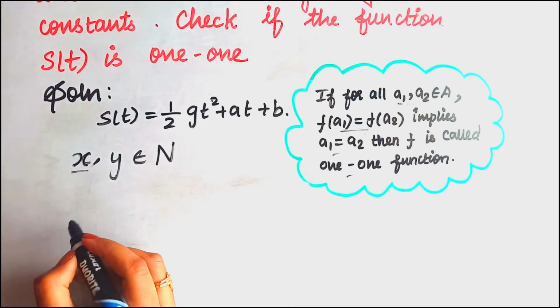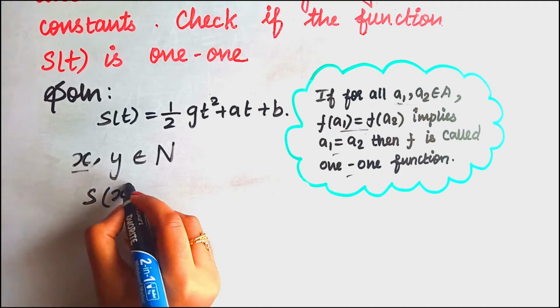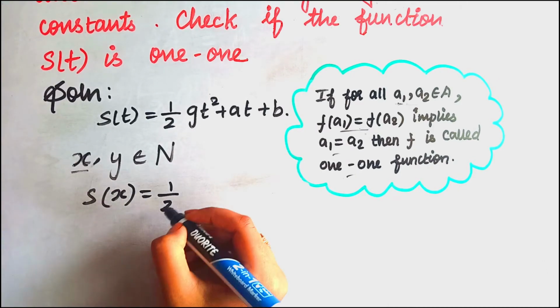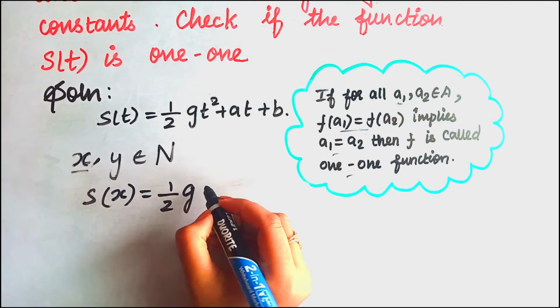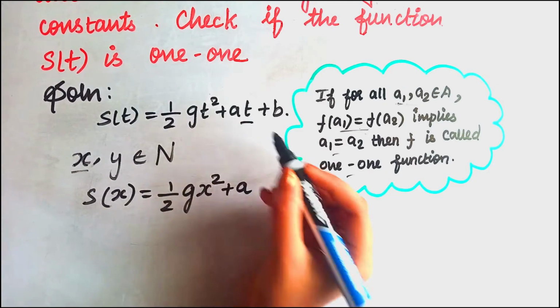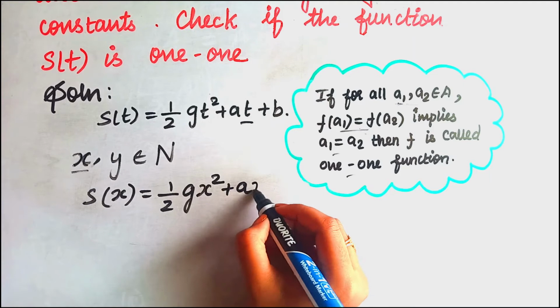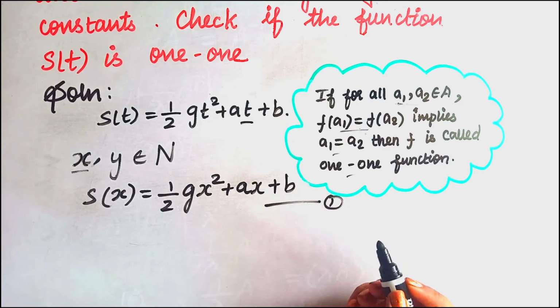Now we are going to take these two elements and substitute in the place of t. So first element is x, so in the place of t we are going to substitute x. So s of x is equal to 1 divided by 2 g into x square plus a into x plus b. So let's take this as our first equation.